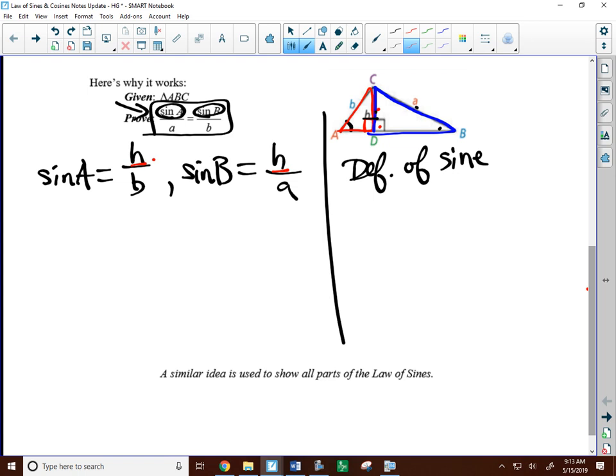So I'm going to solve for h here. I need to get rid of the denominator, so I'm going to multiply both sides by b. Same thing on the right side: I need to get rid of a, so I'm going to multiply both sides by a.